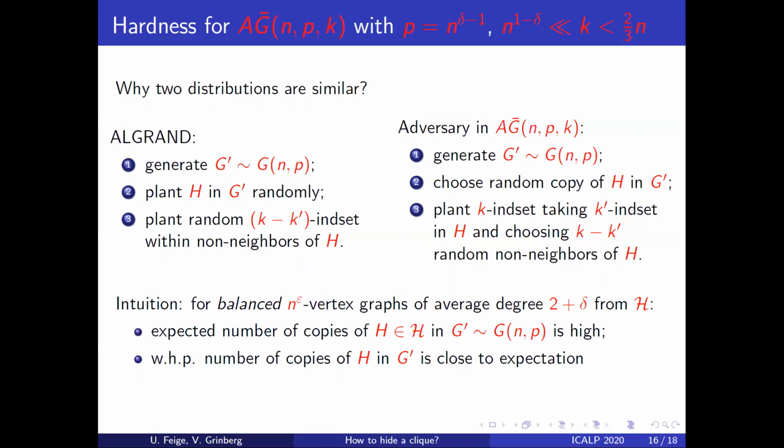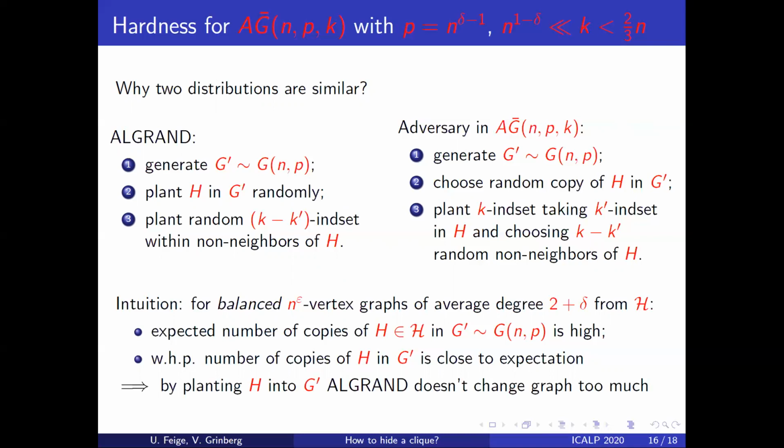More specifically, we show that for a class calligraphic H of balanced graphs on n to the epsilon vertices with average degree 2 plus delta, the expected number of copies of H from this class that occur in G(n,p) is high, and with high probability, the number of these copies itself is close to expectation.